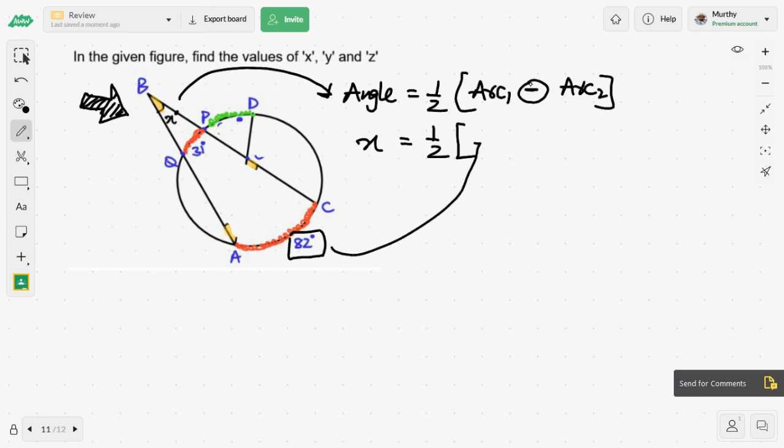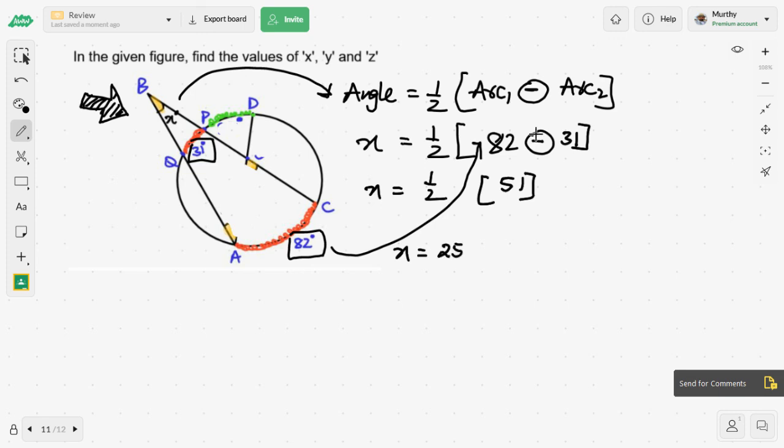Therefore the long arc value goes here, which is 82, subtract, then take the small arc value. I'm messing it up, I'm sorry. Okay, so here then 31 goes here. Now the value of x equals half of 82 take away 31, so you'll get 51. So the value of x equals half of 51, which is 25.5 degrees.